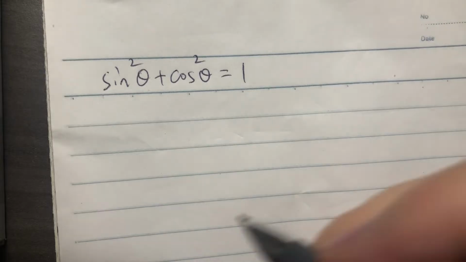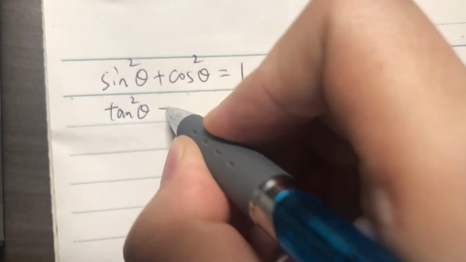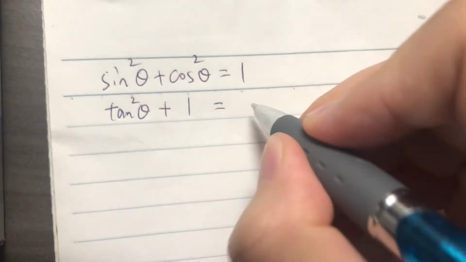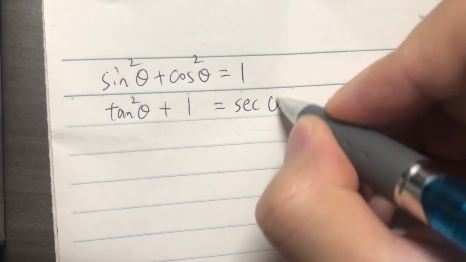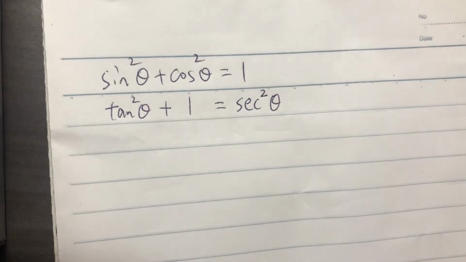Okay, let's get started. For trig substitution, the two most important identities we're going to use are sine theta squared plus cosine theta squared equals 1, and the other one is tangent theta squared plus 1 equals secant theta squared.